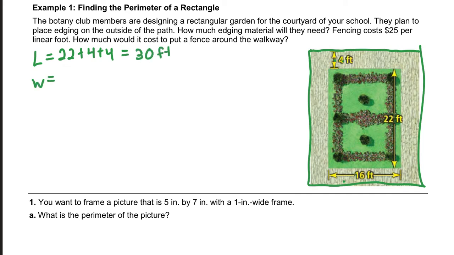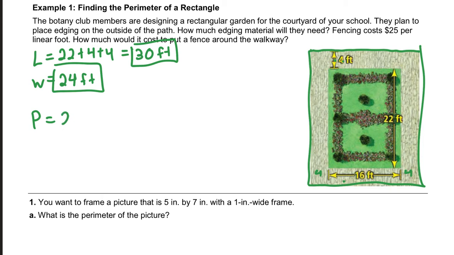The width of it, 16 plus 4 and 4, that'd be 16 plus 8, which would be 24 feet. So around the outside of the entire walkway and garden is 30 by 24, okay? And we're finding edging, like fencing around the outside of it. So that means we're going to find the perimeter of this entire space.